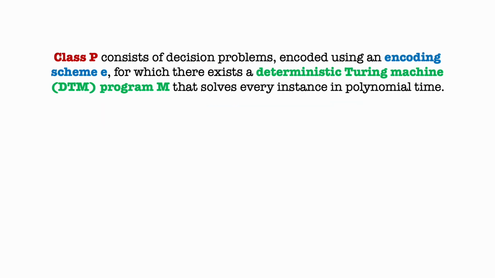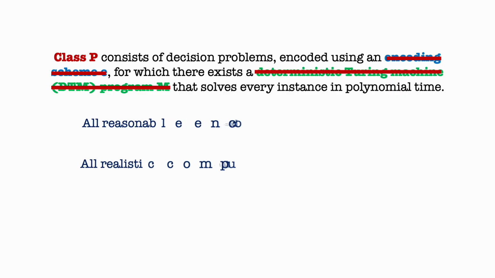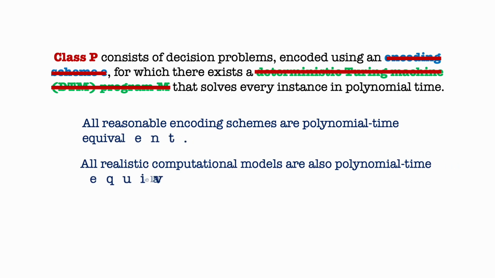We concluded earlier that class P consists of decision problems encoded using an encoding scheme E for which there exists a deterministic Turing machine, DTM, program M that solves every instance in polynomial time. However, once the concept of class P is formally established, we no longer need to specify the computational model or encoding scheme in the definition. This is because all reasonable encoding schemes are polynomial time equivalent.